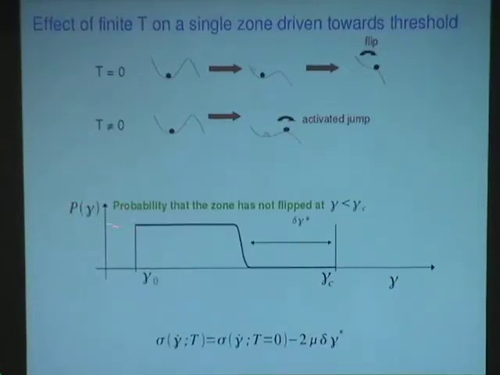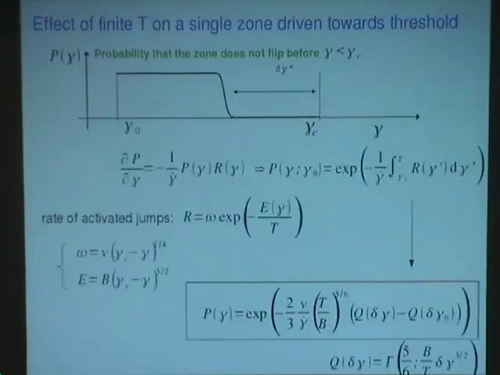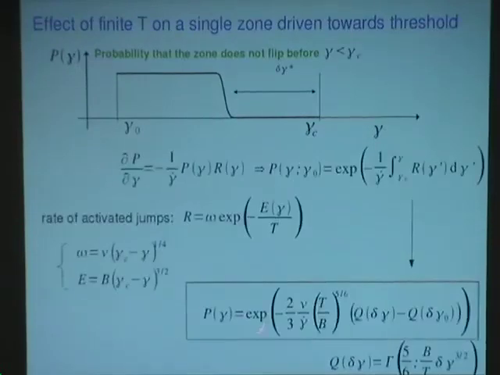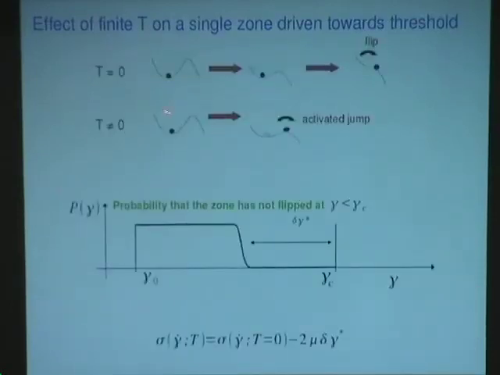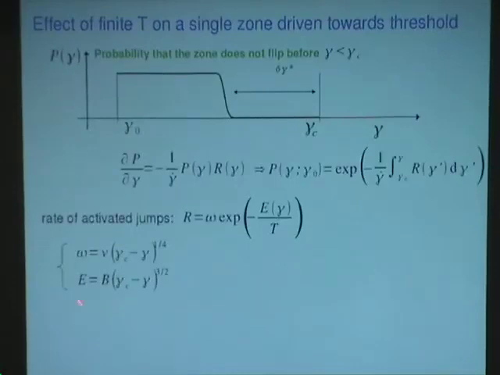I will not go through the calculations, but we can do them and arrive at an expression. The important point is that the barrier you're crossing is decaying to 0, in a form which is controlled by a saddle node bifurcation.